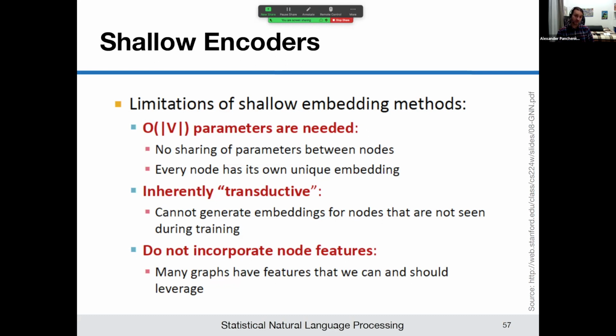Vectors can be used as features, but in some cases you do have features. You already have some features associated with the nodes. Let's say you have properties of entities. You have different cities, and every city has a date of foundation or a number of citizens, like an entity in a knowledge base.